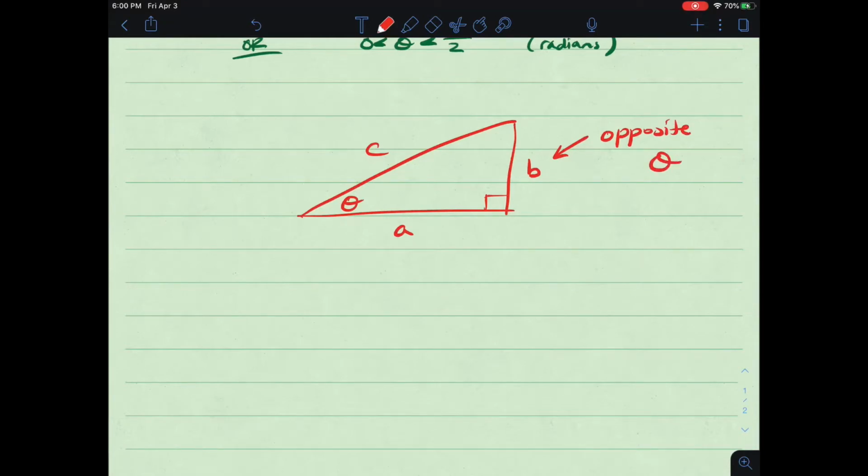This is the leg that's opposite of the angle theta. I'm going to call this side here the side that's adjacent to theta. And as usual, C will be my hypotenuse, okay? Make sure you're okay with these words like hypotenuse, opposite, or adjacent, because these are words that we're going to be using a lot throughout this lesson.